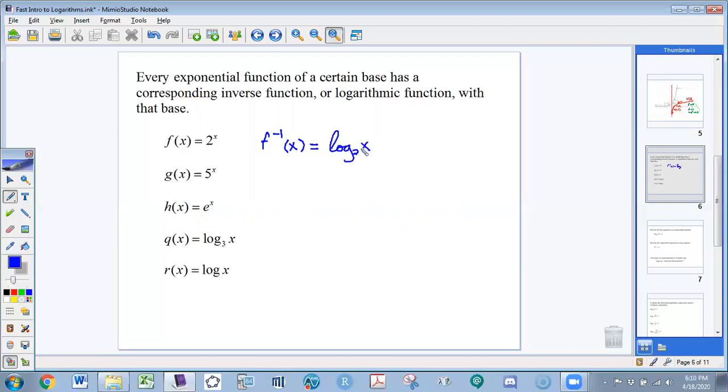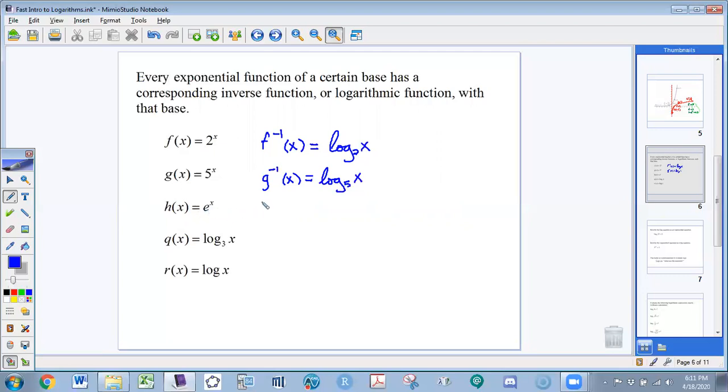The base is very important, just like the base on the exponential is important to say exactly which graph you're talking about. If I have 5 to the x, its inverse is log base 5 of x.